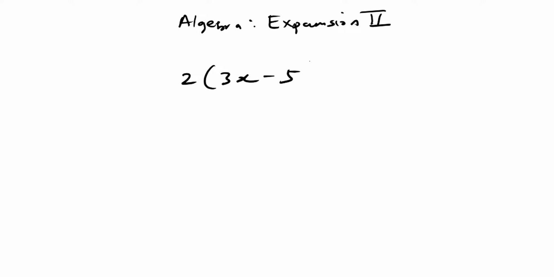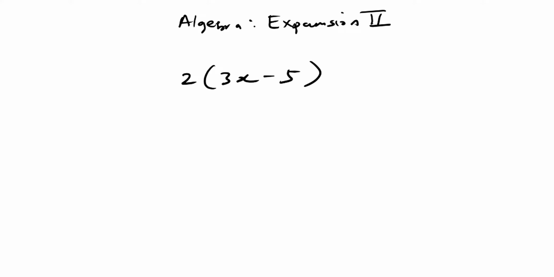In this video titled Algebra, Expansion 2, we want to look at more difficult forms of expansion. In the earlier video we used very simple examples. For instance, you could be given 2(3s - 5) to expand.